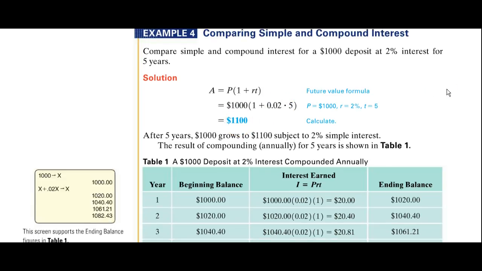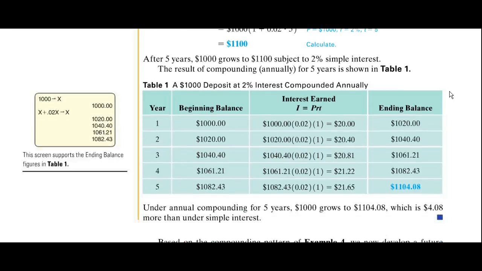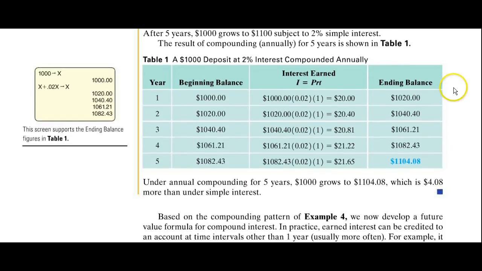But as I mentioned earlier, if you are compounding your investment, your initial balance at the first year is going to earn, let's say, $20. Happened to luckily pick that. So at the second year, instead of having just 1,000 as your principal, you have 1,020. So it's a somewhat larger amount.